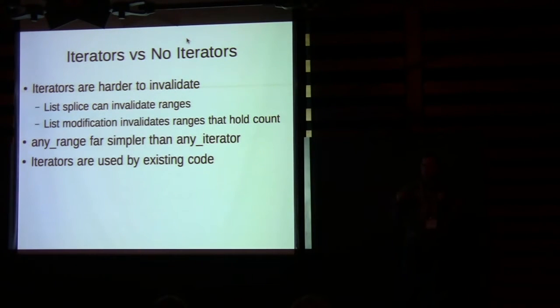I will write one, of course, so that it can be used in a range for loop. But as I mentioned earlier, I cannot create anything more powerful than a forward iterator with that. It's not possible. Okay, this is everything I have about iterators versus no iterators. Any questions?